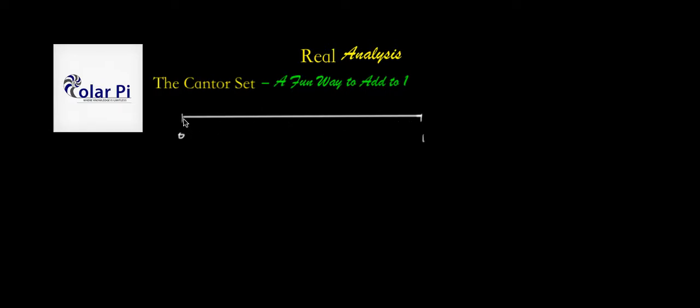Notice that this is a closed set, right? In set notation, we'd write 0 and then 1, with square brackets showing that this is a closed set.